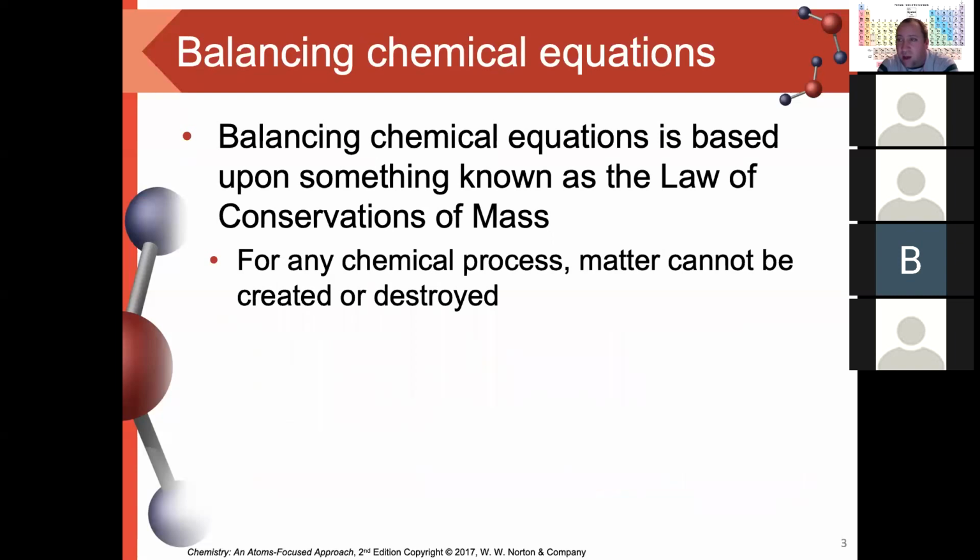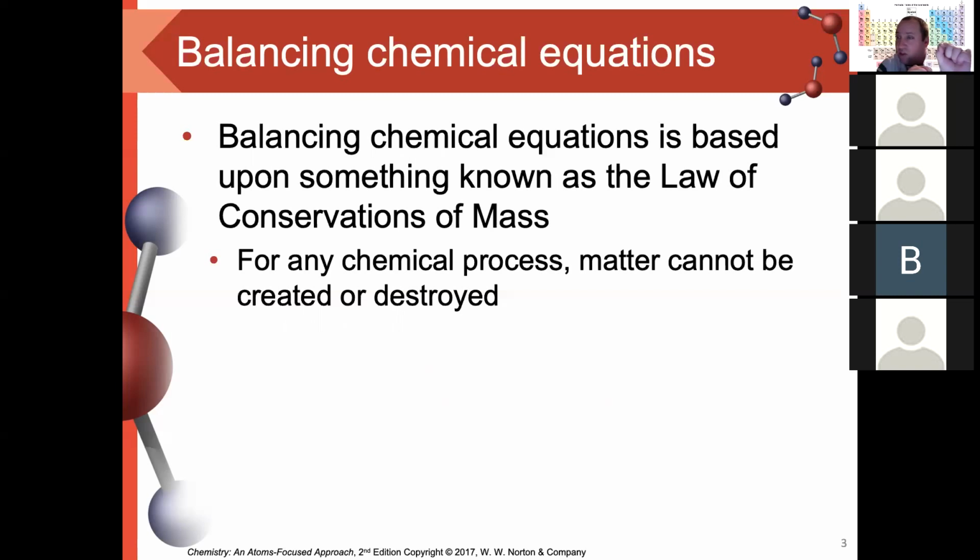What we're talking about is the fact that we cannot create or destroy matter in any kind of chemical process. So the law of conservation of matter really means that every atom that we start with as a reactant comes out in the product in some way. Everything that started here ends up over here.